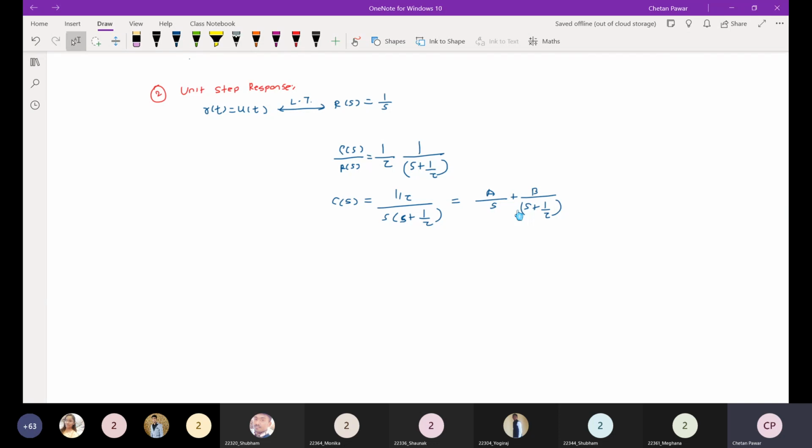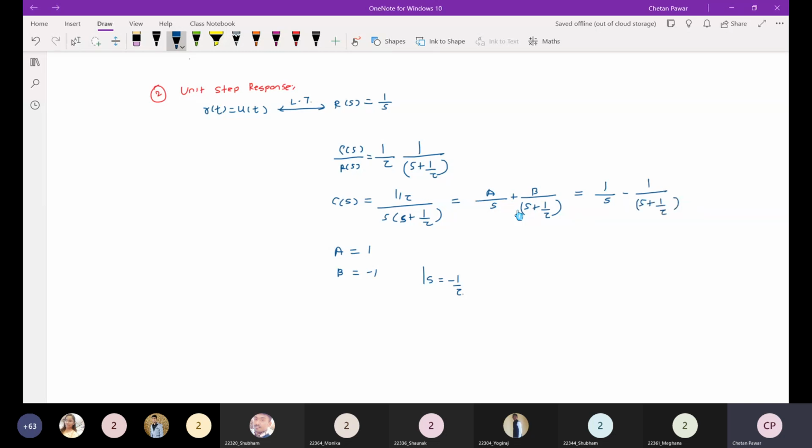As you may have studied in circuit theory, time constant of the system. Now if you do this partial fraction here, at s is equal to 0 you will get A as 1, and B at s is equal to minus 1 by tau, you will get minus 1. So this will be 1 upon s minus 1 upon s plus 1 by tau.